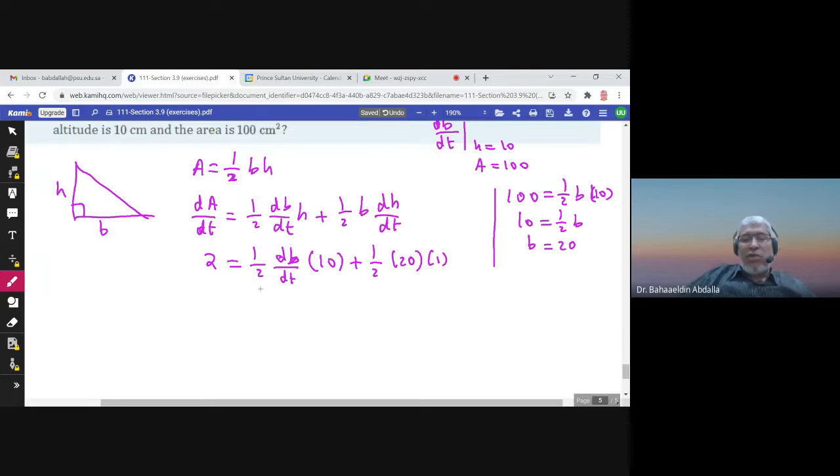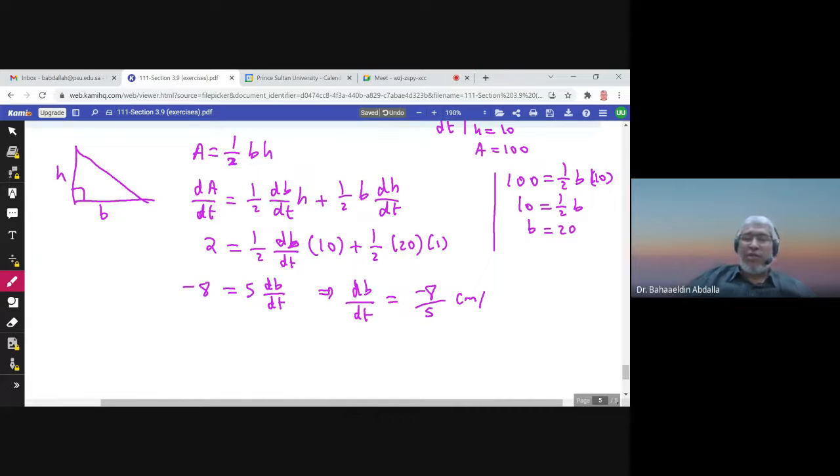So this is 10. 20 divided by 2 is 10, and I take it to the other side, so it would be negative 10. So negative 10 plus 2 is negative 8, and 10 over 2 is 5. So dB by dt would be negative 8 over 5 centimeter per minute.